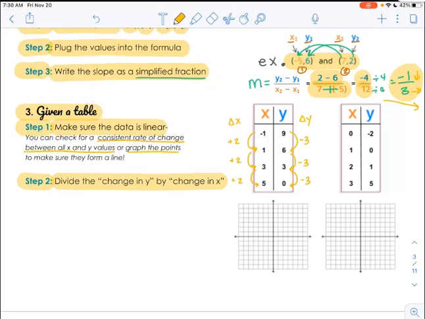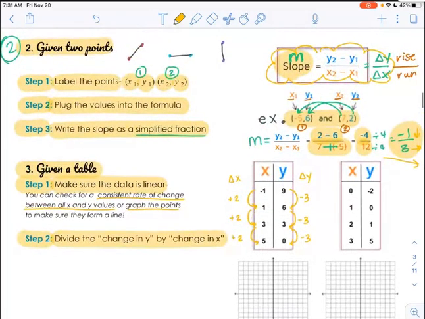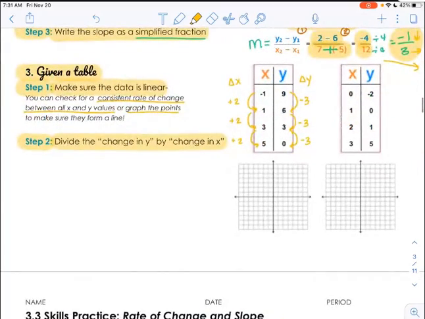Well, the x values are changing in a pattern of +2, and the y values are changing in a pattern of -3. So if we refer back to our notes from yesterday, we know we can find slope by looking at change in y divided by change in x, because that is the same thing as finding the rise over run. So I'm going to use that information to find the slope here.